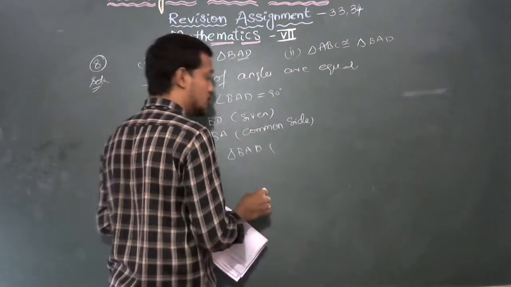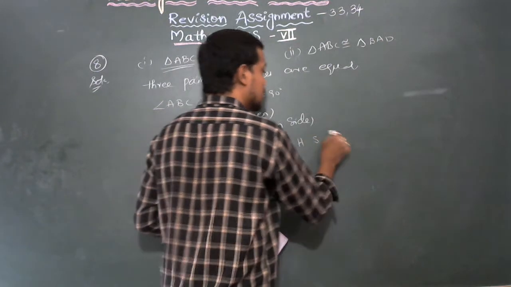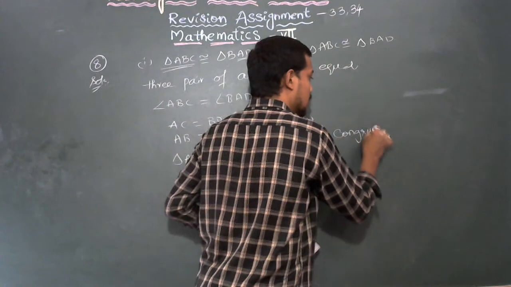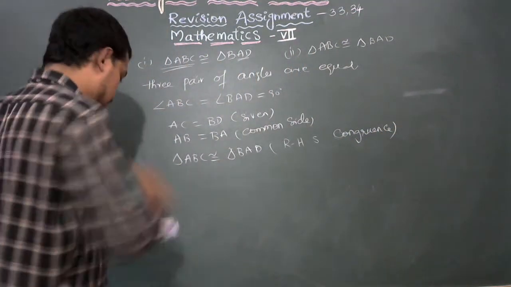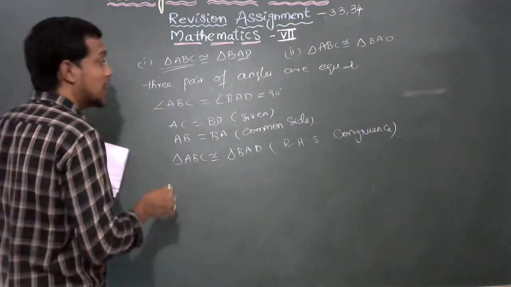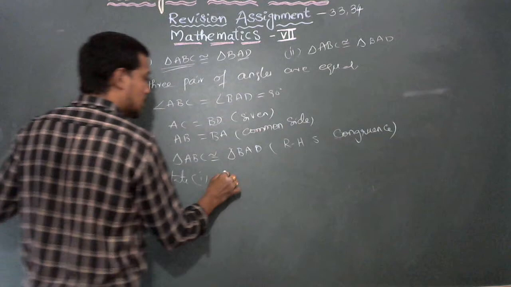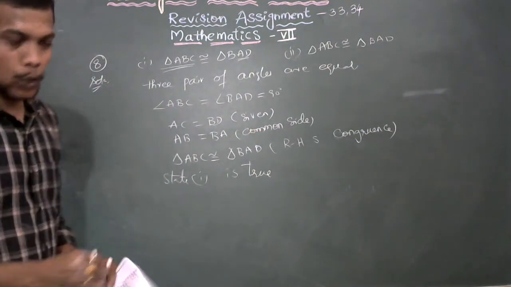So this is which congruency? RHS congruency. So right hand side congruency. Okay. So the statement one is true.